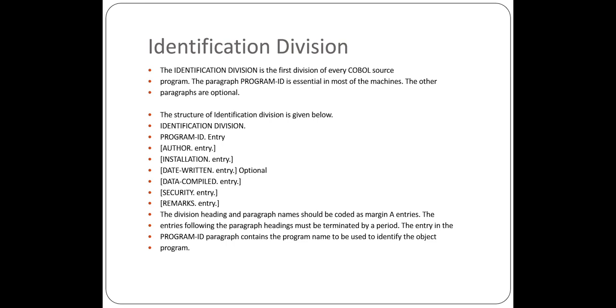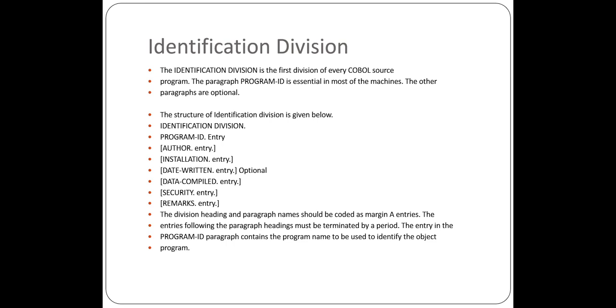All the other paragraphs under the identification division are optional. Here we have mentioned the structure of the identification division. The first paragraph is PROGRAM-ID, a dot, a space, a program name, and one more dot.